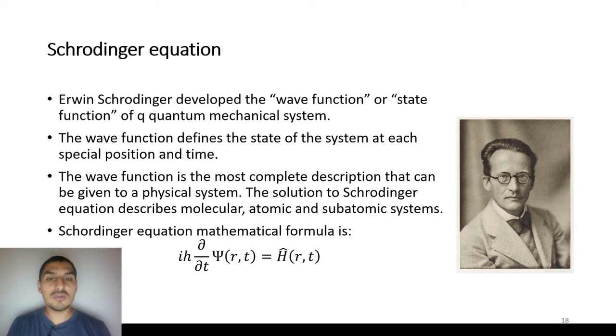But in very small particles like electrons, neutrons, and the subatomic particles, there are some other forces that are very important, and they might be more important than the gravitational forces and the frictional forces that Newton includes in his equations. Among these forces are the magnetic forces, for instance, and the electric forces, and all these forces are very critical in subatomic systems, or the atomic systems like the ones that we are talking about now.